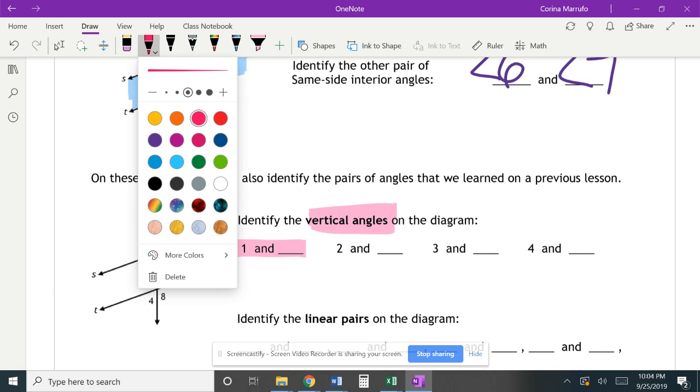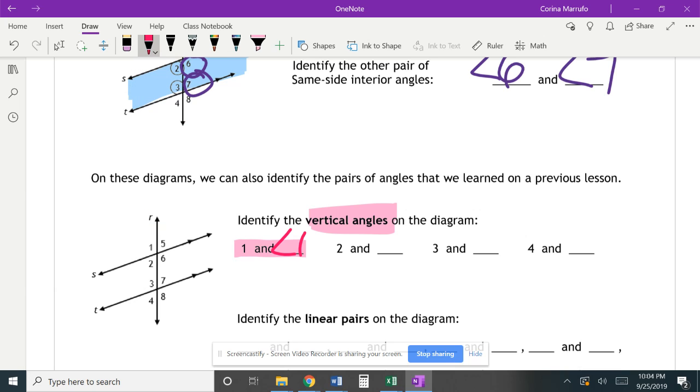I'm going to write that down right here, angle 6. These two are vertical angles. Now, angle 2 is vertical angles with angle 5. They're right across from each other. Angle 3 is vertical angles with angle 8. And then angle 4 is vertical angles with angle 7.